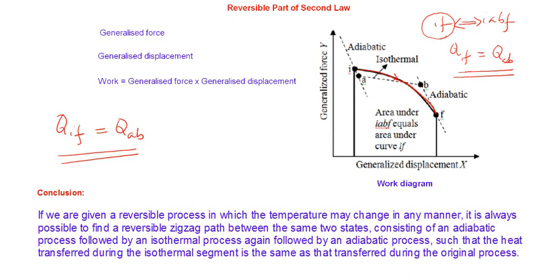So we'll come to our nominal conclusion here before we end the session. I have just used the statement that is in your textbook, and I think by the time you will be able to understand this one and appreciate the meaning. If we are given a reversible process in which the temperature may be changing in any manner, so that is why it's a smooth curve, you can break up this curve into a number of patterns.